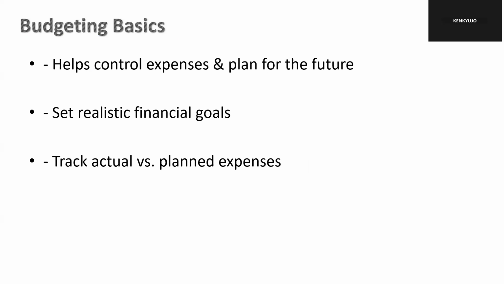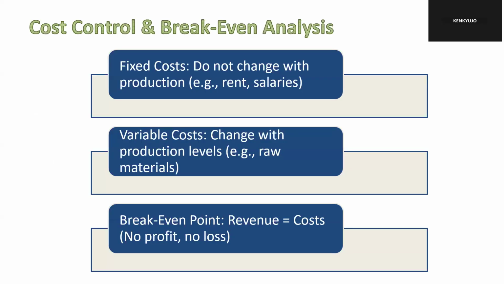Budgeting is very important because a budget helps to control expenses and plan for the future, set realistic financial goals, and track actual versus planned expenses. When we talk about the break-even point, break-even means exactly that the organization's revenue and cost are equal. That point we call break-even analysis. Cost has two types: fixed cost and variable cost.